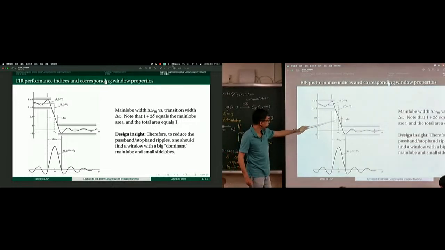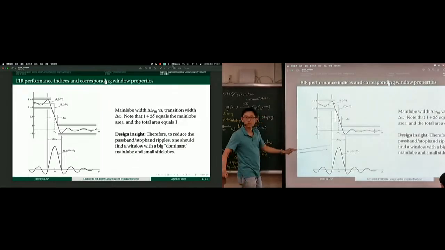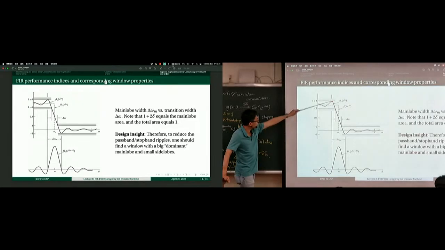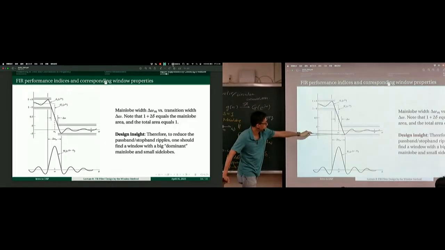The transition width, strictly speaking, is slightly smaller than the main lobe width. And this requires some explanation. Let's take a look at this figure together. The main lobe width is between the largest peak and the deepest valley right here.